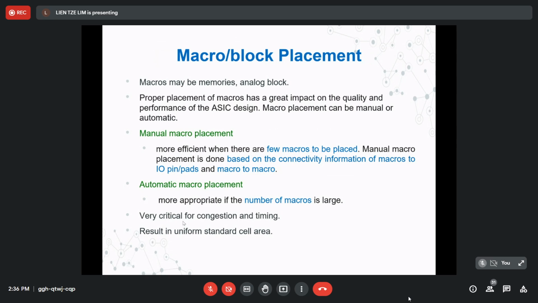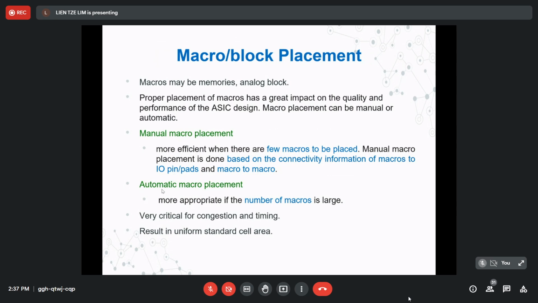This is about macro block placement. It determines how the macros can be placed and which technique to use: manual and automatic macro placement. Macros and blocks occupy a lot of area, and if they are not placed correctly, it will result in a lack of area to place the routing.